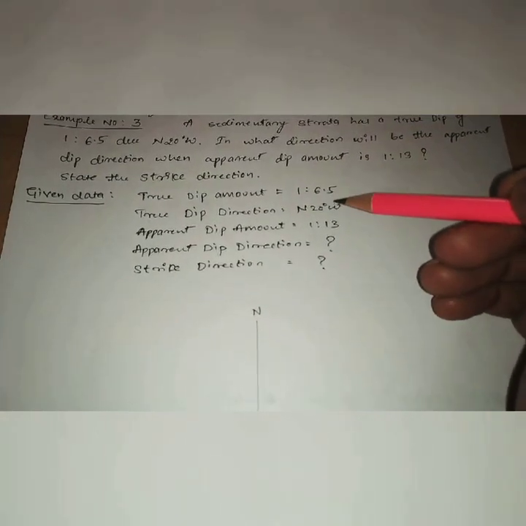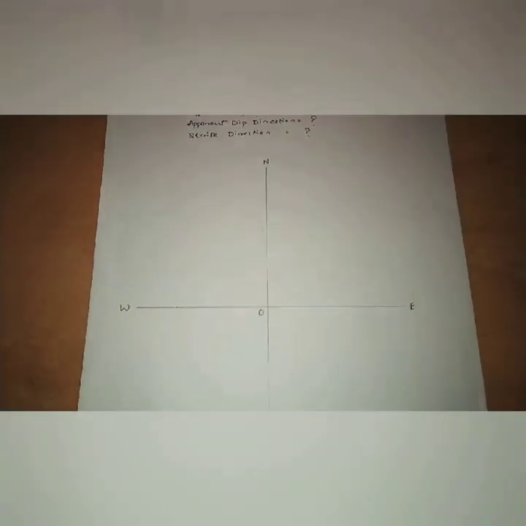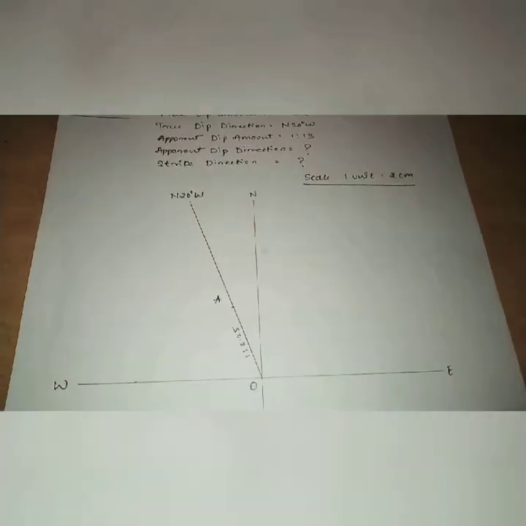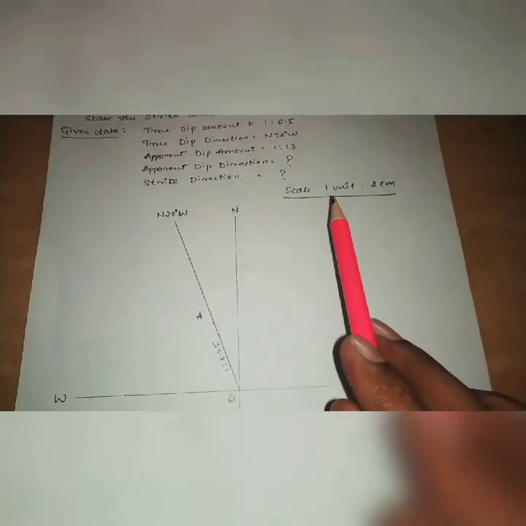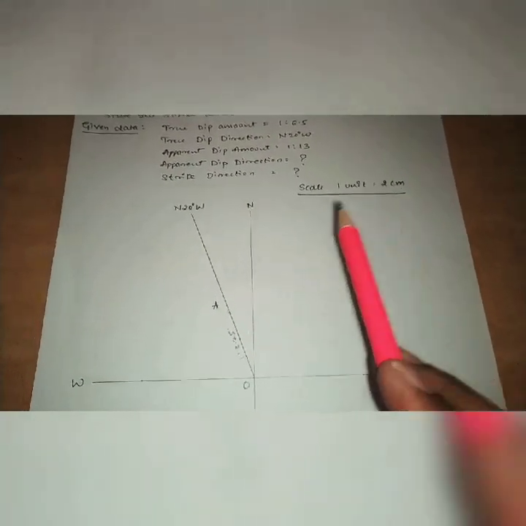As we have seen in the previous problems, the first step is to draw a north-south and east-west line with O at the origin. The data given are the true dip amount and true dip direction, so these two can be plotted in this figure as the first step. You may see that we have taken a scale of 1 unit equal to 2 centimeters, and we have drawn the given true dip direction.